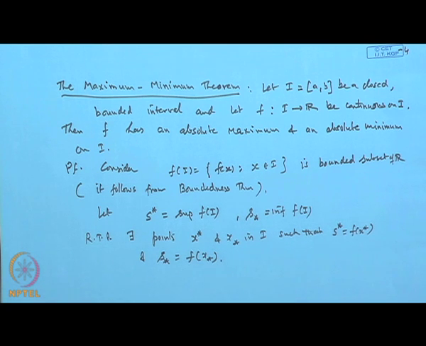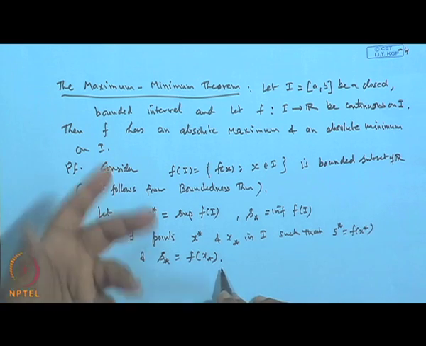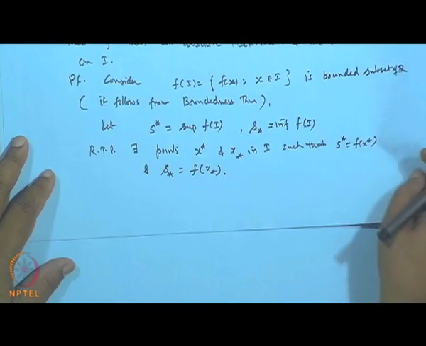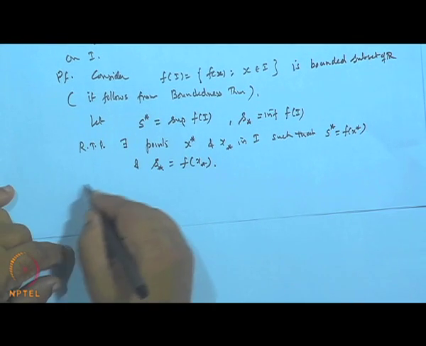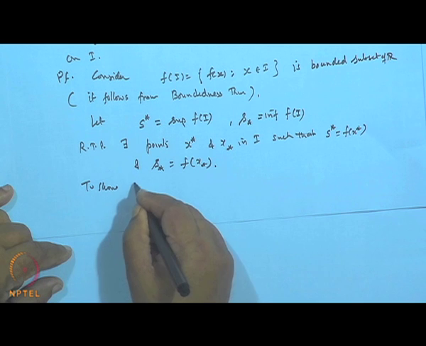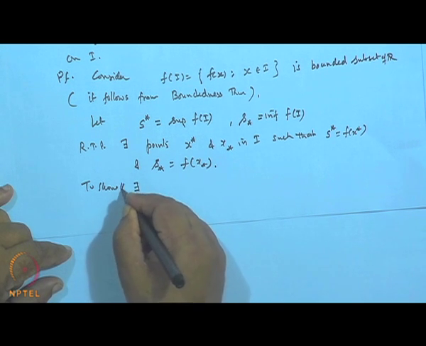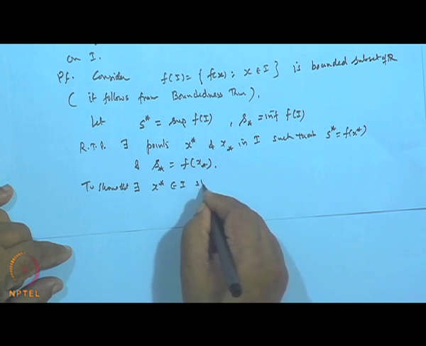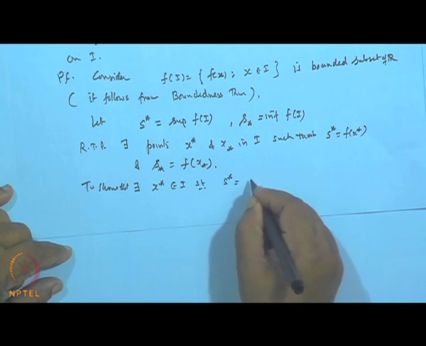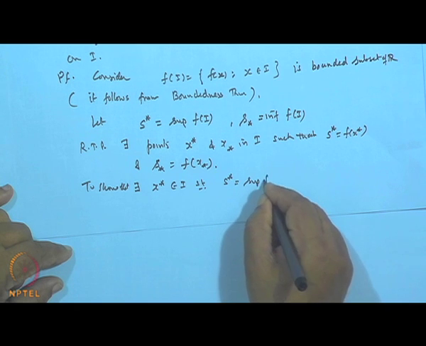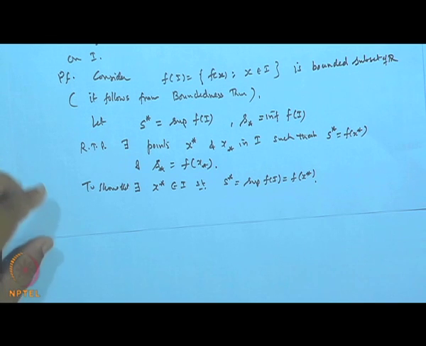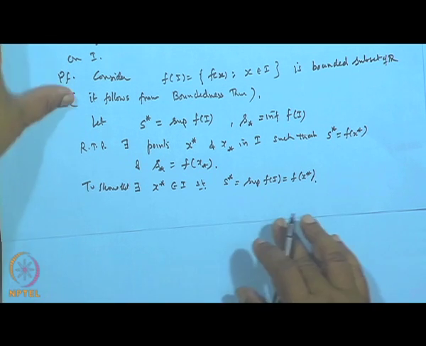This we wanted to show. So first we will prove for this side and the other will follow in a similar way. First, to show that there exists an x star in I such that S star, which is the supremum value of f of I, equals the value at this point.